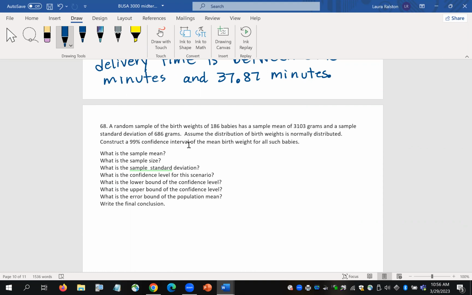Because you need a sample standard deviation. If you only have the sample standard deviation, you're going to do T. Okay.